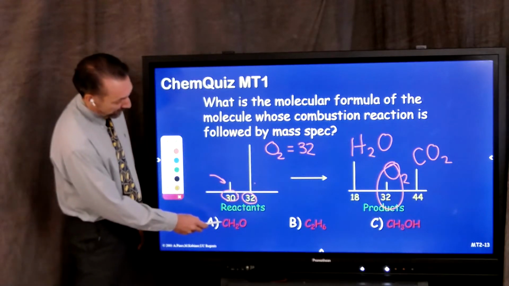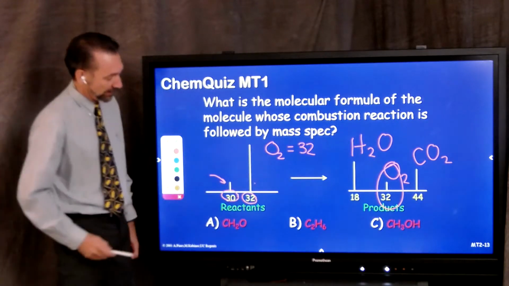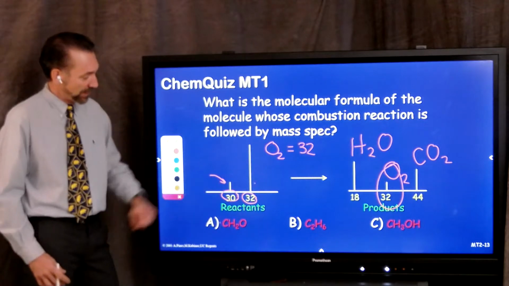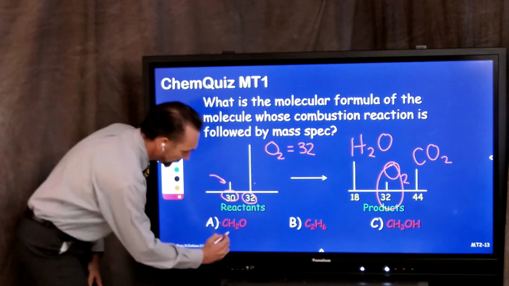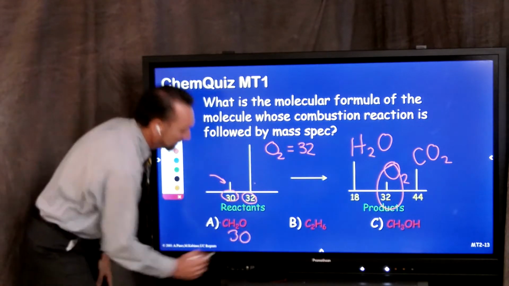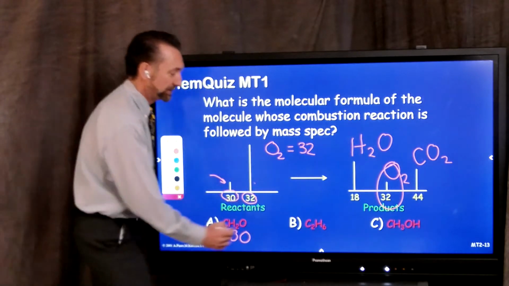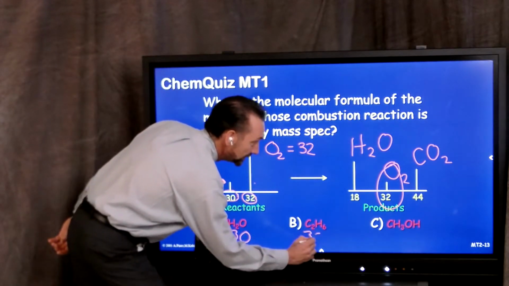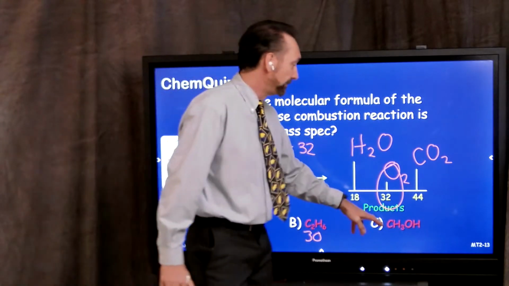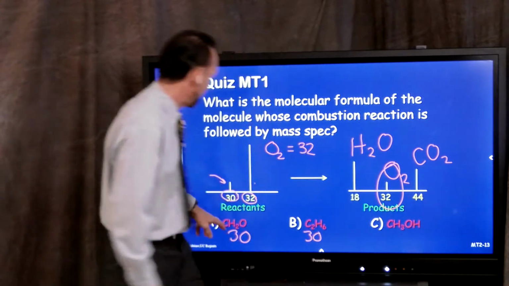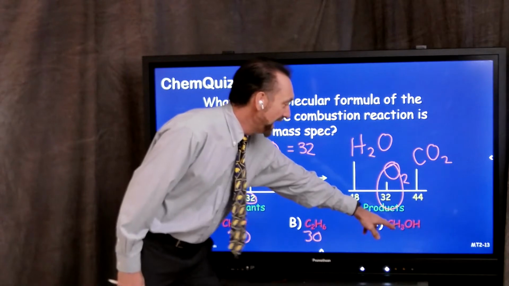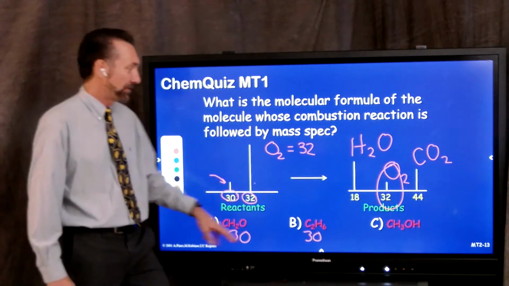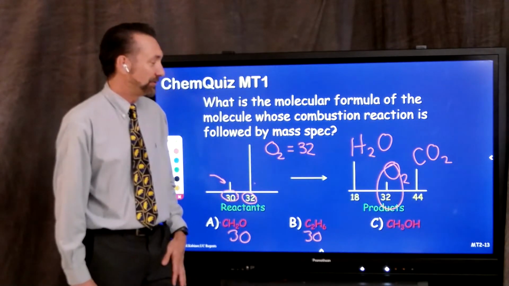So we can look at the relative masses. Here we have 18 and 12, that's 30. So this one is okay. And here we have 24 and 6, that's 30. And here we have the same thing, we have CH2O there. So we have at least 30 plus 2 more hydrogens.